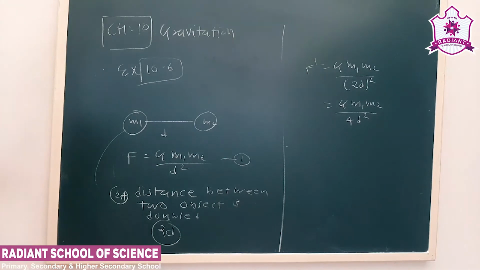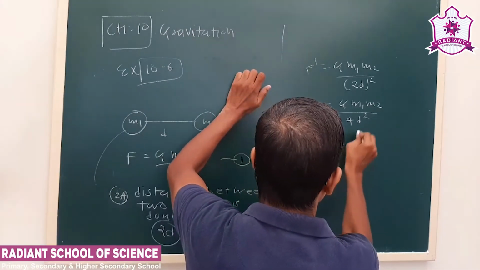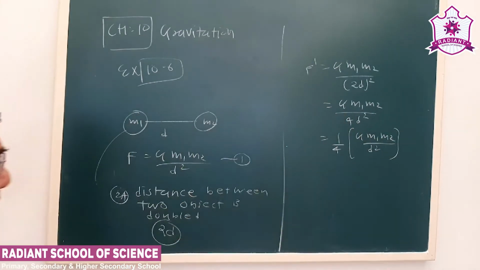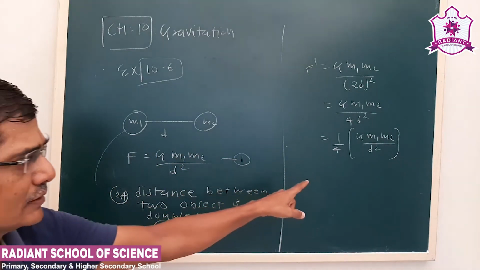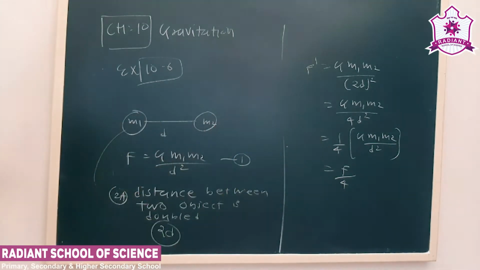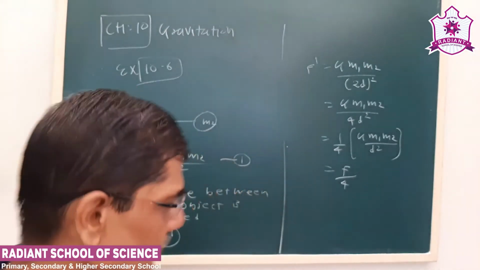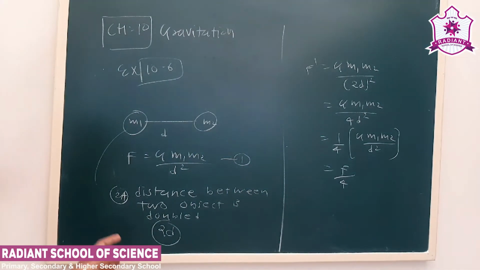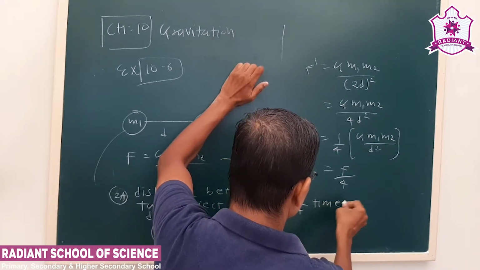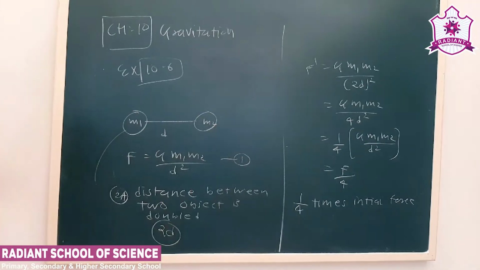The question says the distance has become double, so we can write 1 upon 4. Now G M1 M2 upon d square is again F. If I substitute here, the force has become 1 upon 4 times the initial force. So if the distance between the two objects is doubled, the force becomes 1 upon 4 times the initial force.